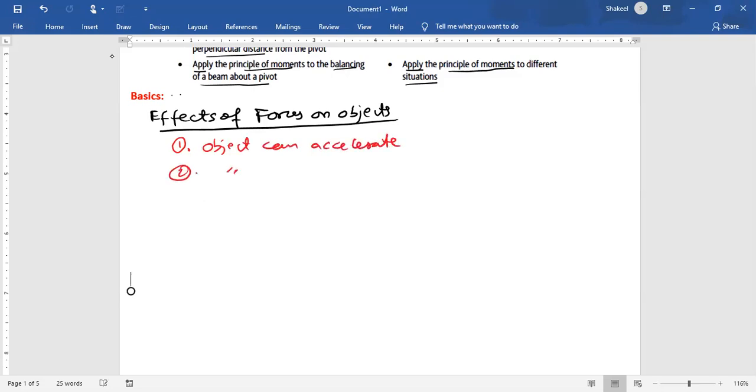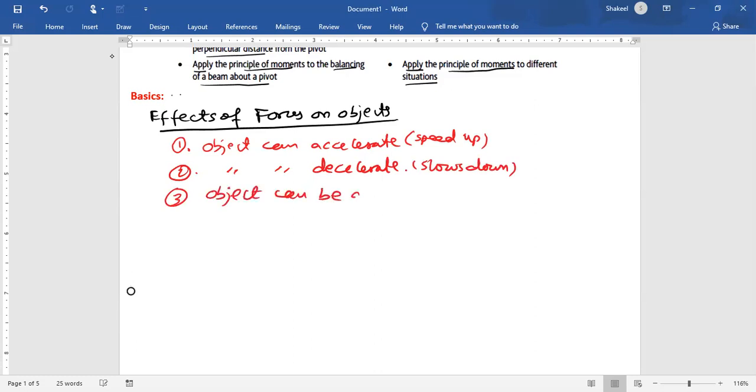Number two, the object can decelerate. So when a force acts on an object, it can speed up or it can slow down. Number three, the object can be deformed, like it can be extended or it can be compressed.